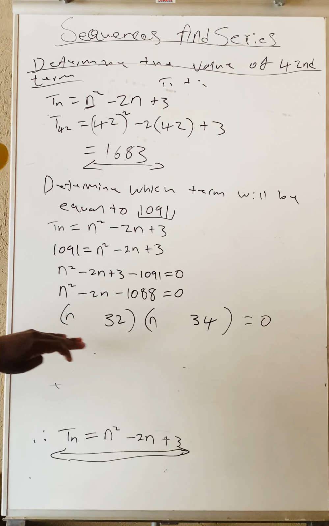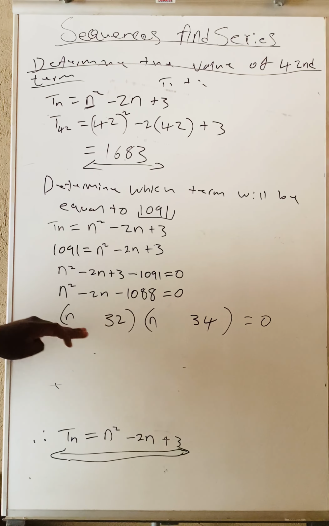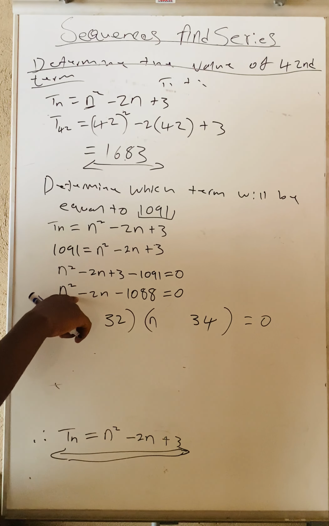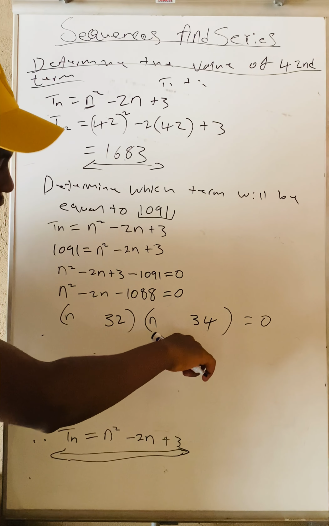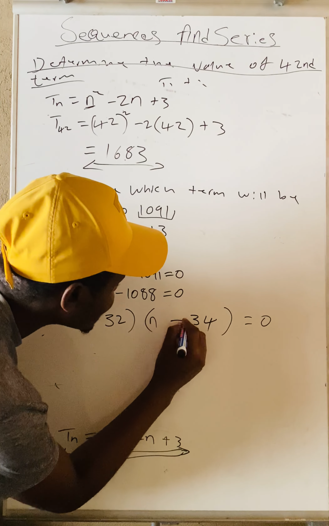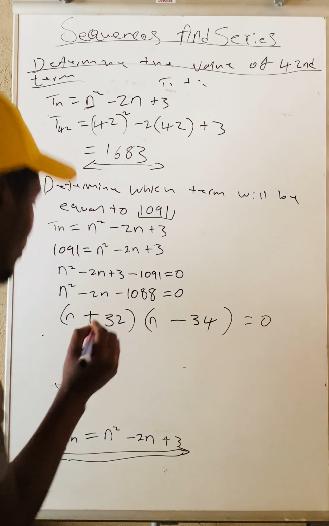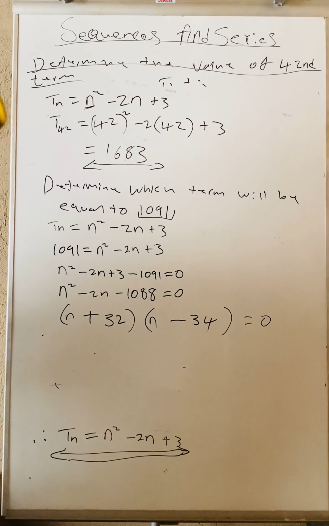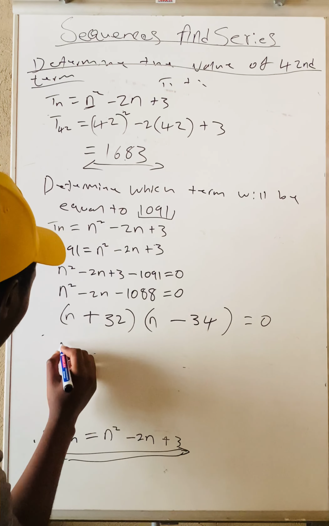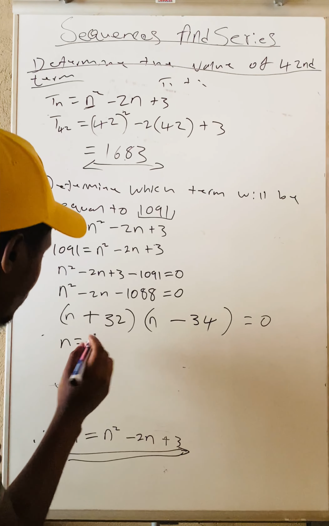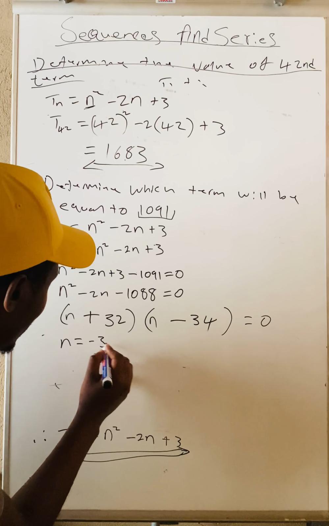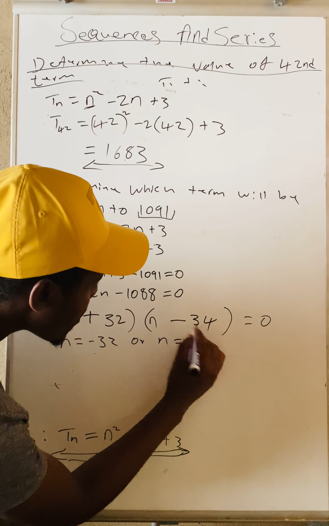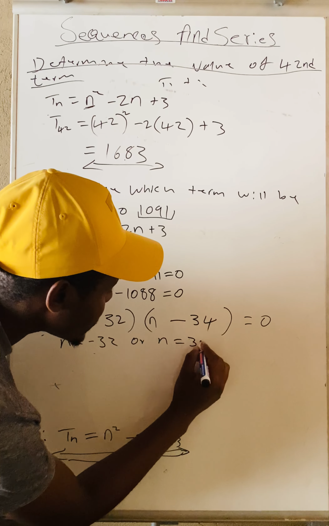Then from here, you have to take which one it will be negative. As you check here, you have negative sign. It means the bigger one, it will take the negative sign. This one, it will take the positive sign. Right? From here, simple as ABC. Say n is equals to negative 32, or n is equals to positive 34.